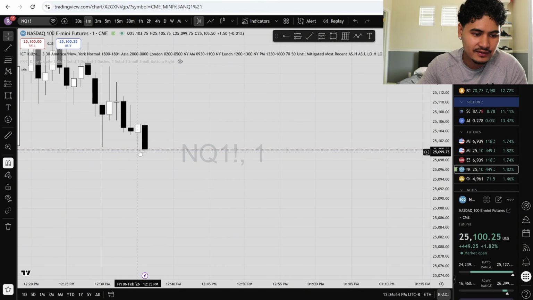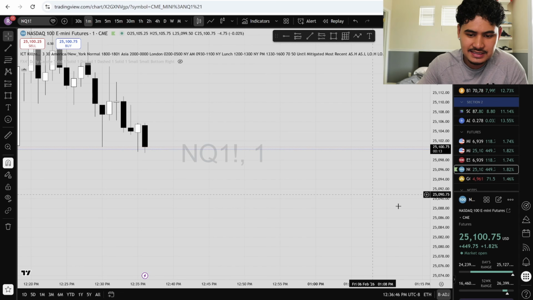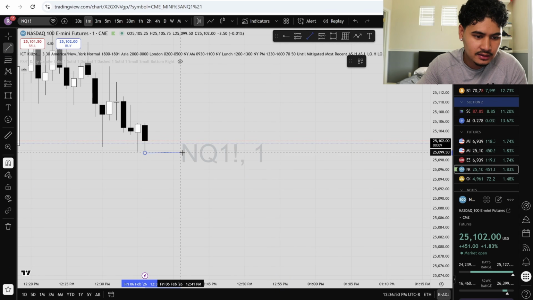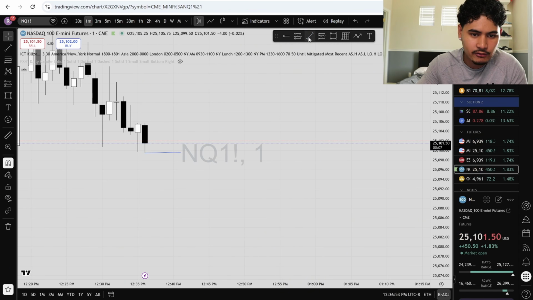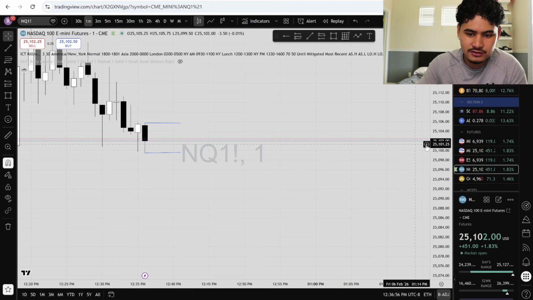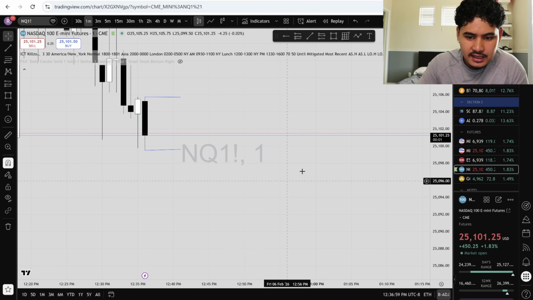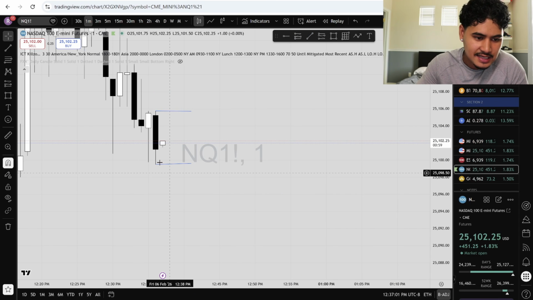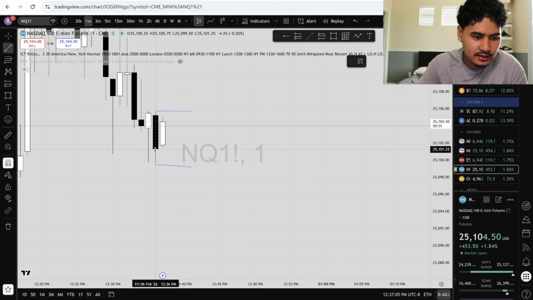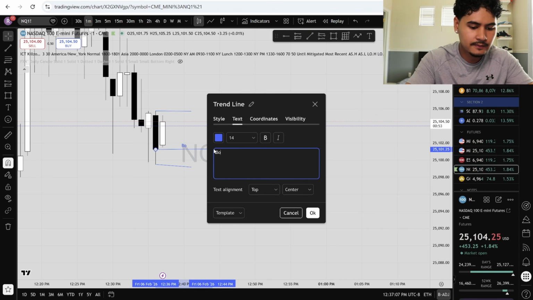And we have the body right here, and it's leaving wicks. As you can see, the wick right now is right here. That is the wick low. We have a wick high right here. And let's see how this candle closes. We have 3 seconds till it closes. And as you can see, it closed like here. So we have our body close right here. This is our body close.